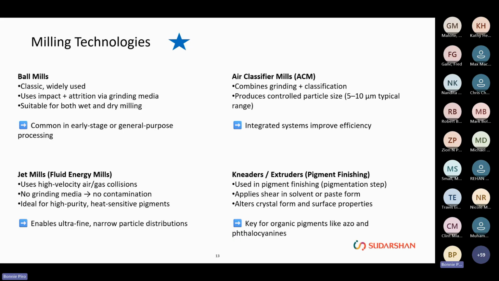Air classification mills are actually two processes in one, where the particle size is reduced, and the big and small tails can be removed from the system so that the particle size distribution is much more controlled. So these types of systems are also used where the more high-tech applications come into play.